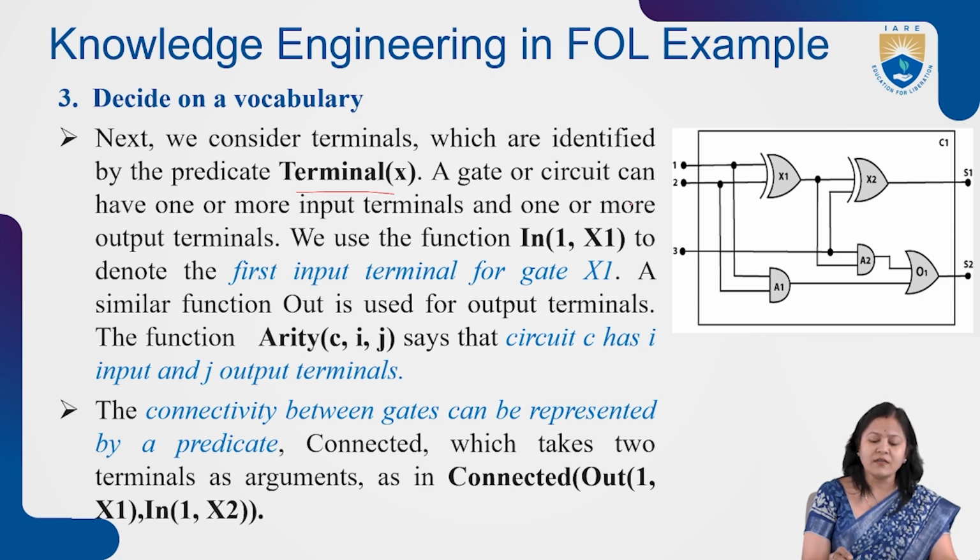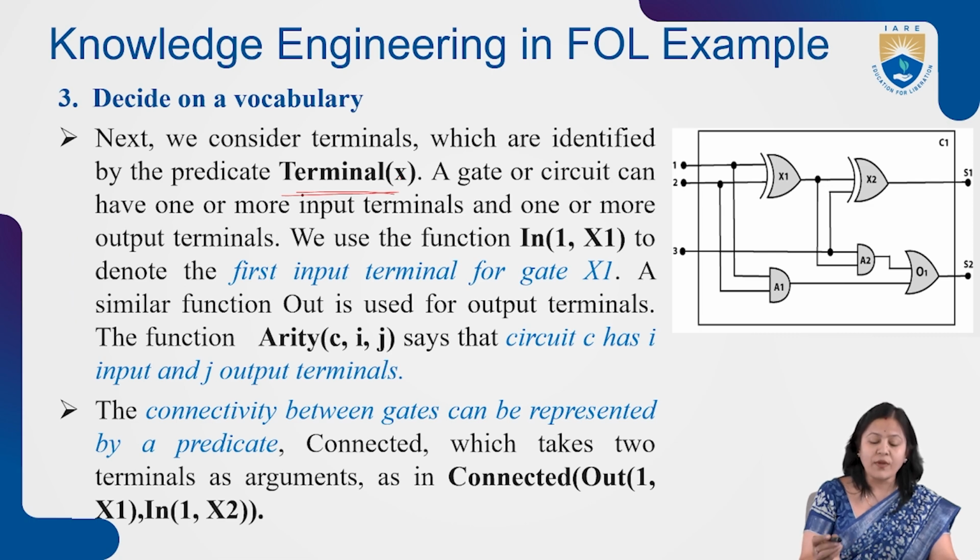A gate or circuit can have one or more input terminals and one or more output terminals. Here, as you can see in this diagram, there are 3 input terminals and there are 2 output terminals, which are coming one from X2 and another from O1. So that is why we have used this predicate terminal.